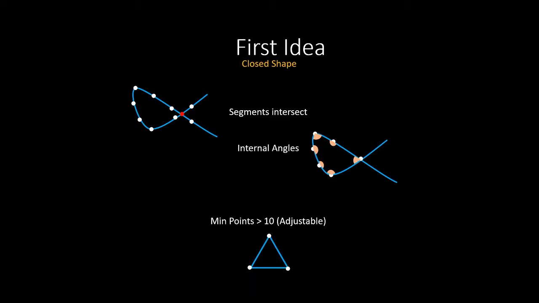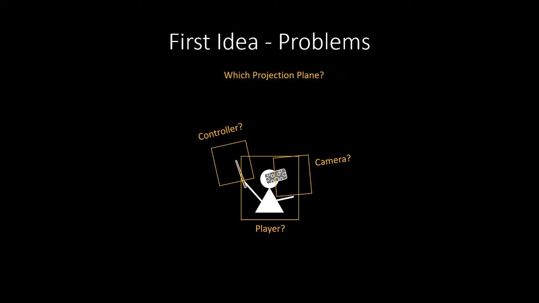I would also require a minimum amount of points to make sure it wouldn't be a simple shape like a triangle. The problem with this idea was which plane I should use to project the points, and it was a misunderstanding over how a VR avatar works versus something like a computer screen game.